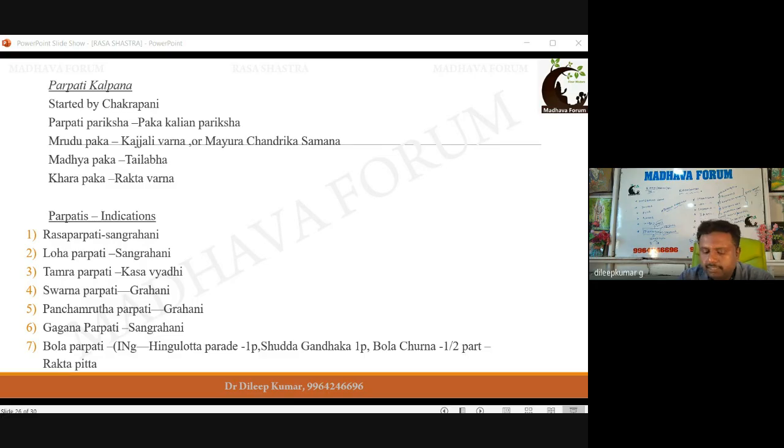Similarly in Mrudupaka, it will bend but won't cut easily. Madhyama Paka, Bhagna Raupyavat, will cut with sharp edges.